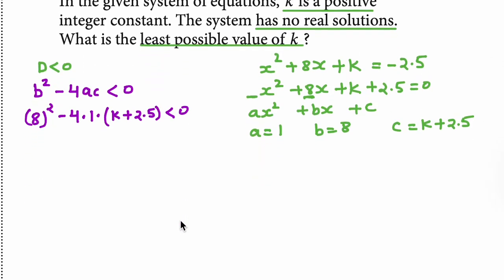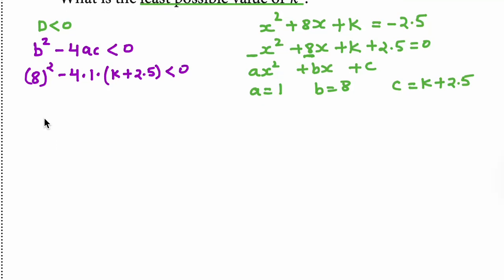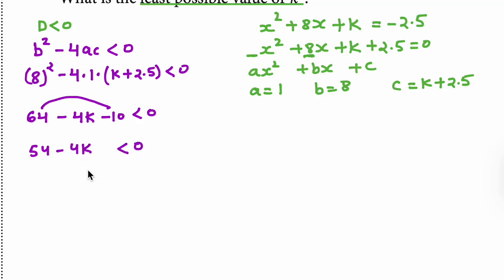Now we have to solve it. So 8 squared is 64 minus 4 times 1 times k is 4k. Negative 4 times 2.5 is negative 10, less than 0. So these are like terms. 54 minus 4k is less than 0.